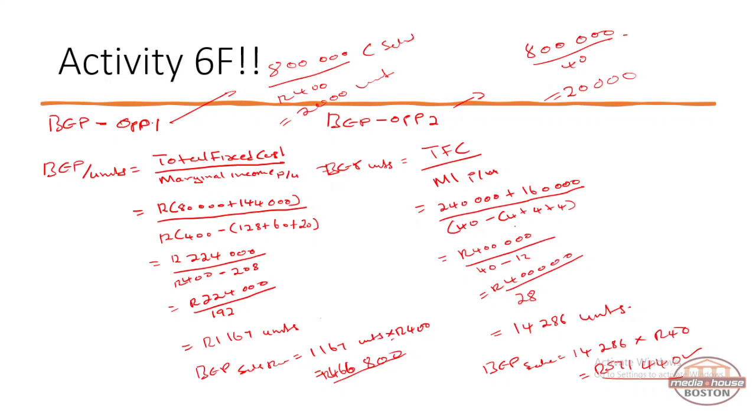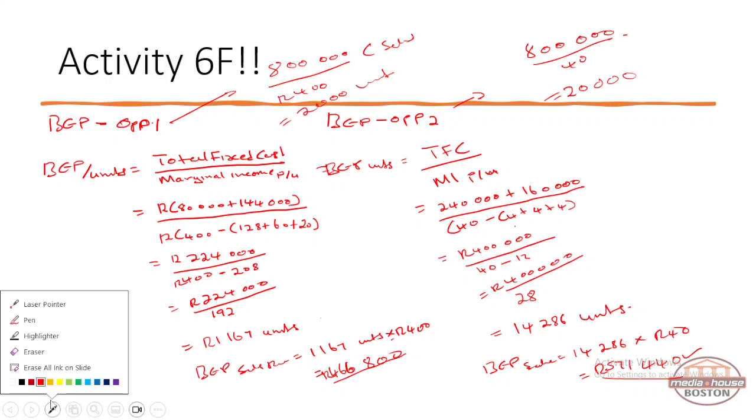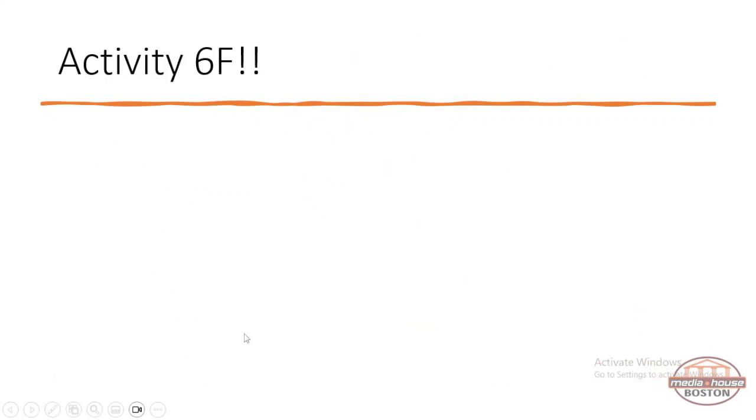So the last part, it says construct a CVP for each of the two opportunities. So what I'm going to do is I'm going to try and write this down and then use them later. So I'm going to clear that. So in terms of CVP, we've got option number one. I'm just going to write here. BEP in units, it's 1,167.